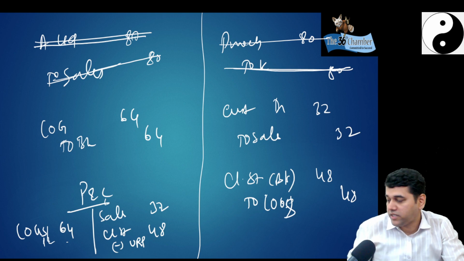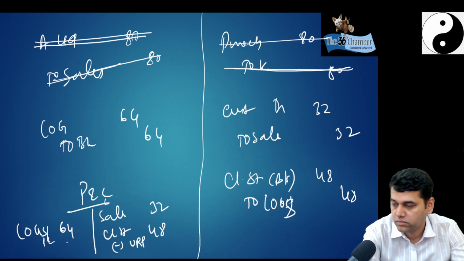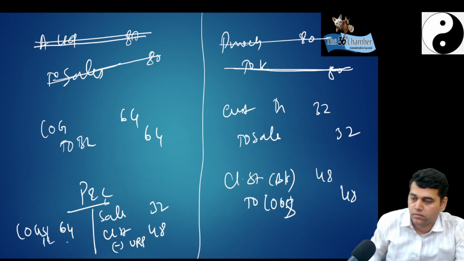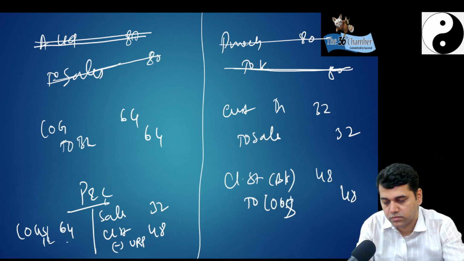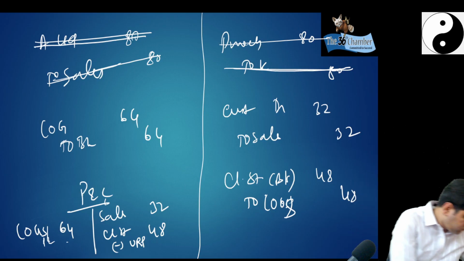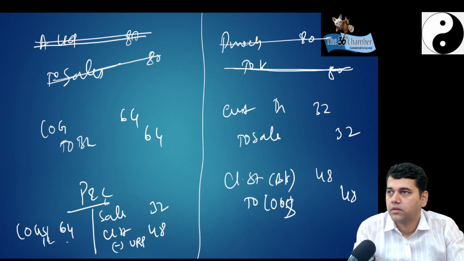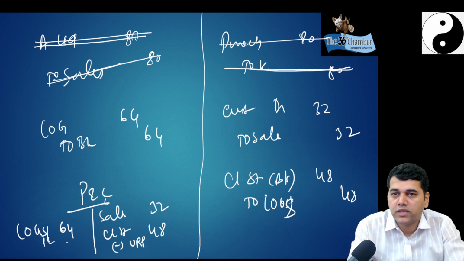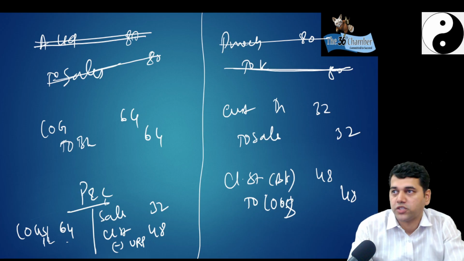You have to find out the percentage. 64 worth you sold for 80, so 80 minus 64, divided by 64, is 25%. That is your profit on cost.